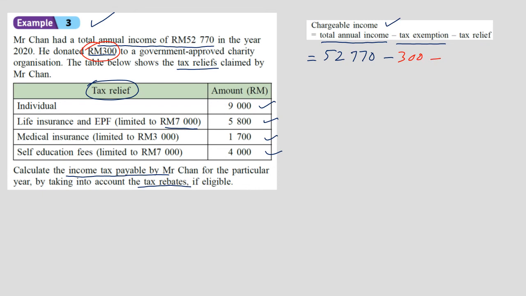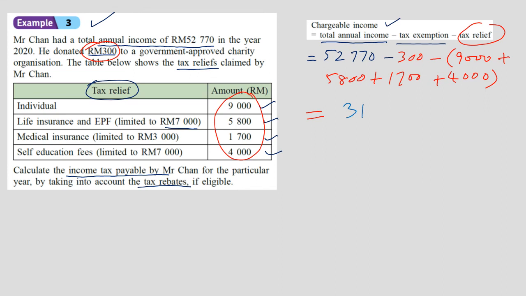And then you minus everything here because this is the tax relief: 9,000 plus 5,800 plus 1,700 plus 4,000. What you will get is 31,970 left.